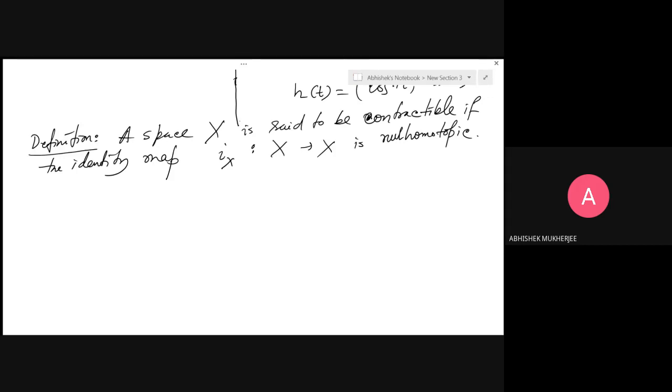is defined as one where the identity map is null homotopic.